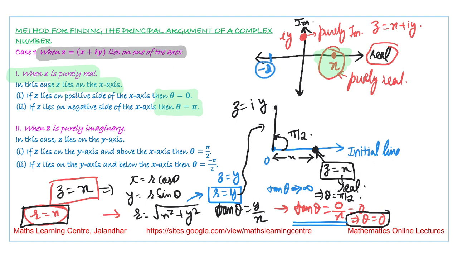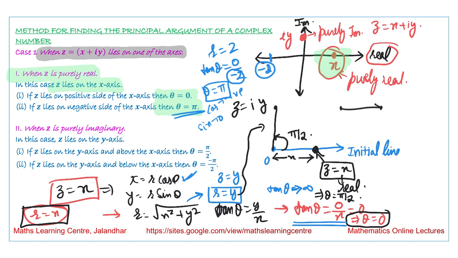Then the value of r will be equal to 2, and tan theta will be 0 over minus 2. It means that the value of theta will be pi, because cos is negative and the value of sine is 0.